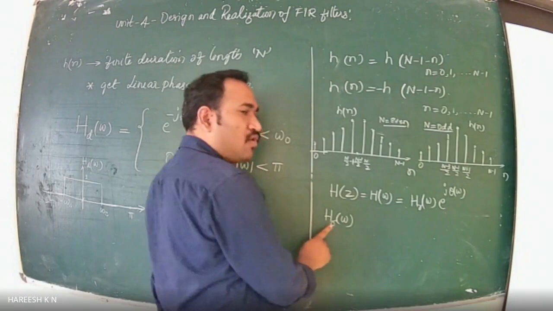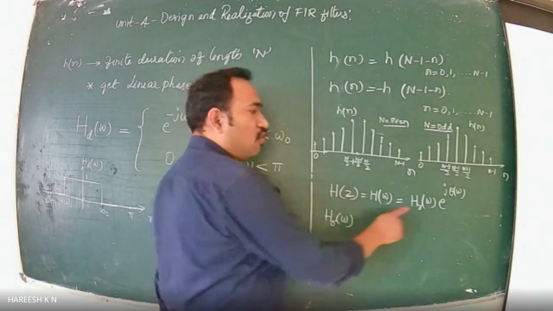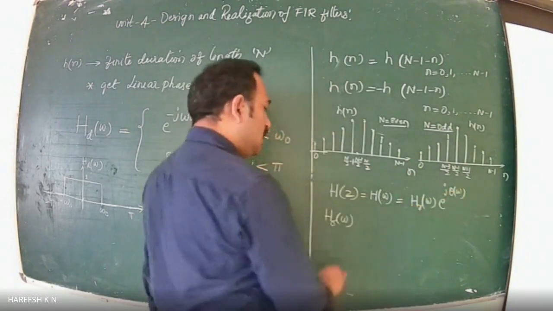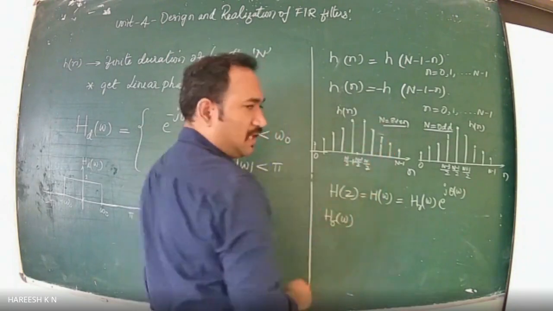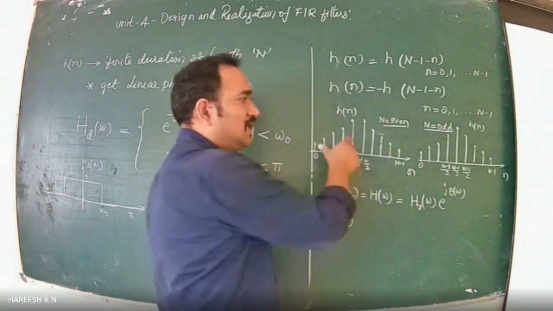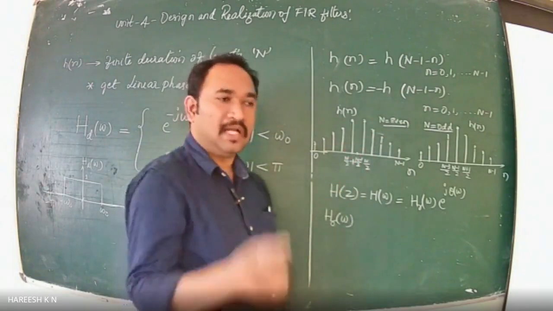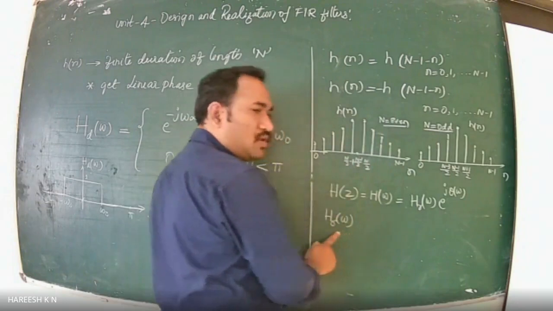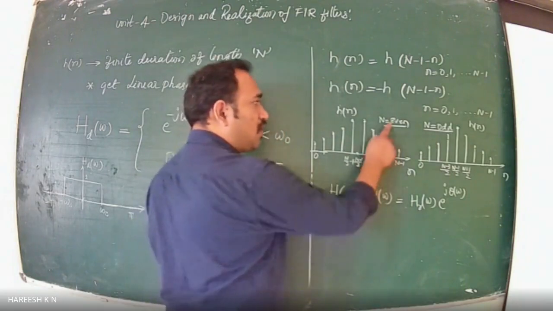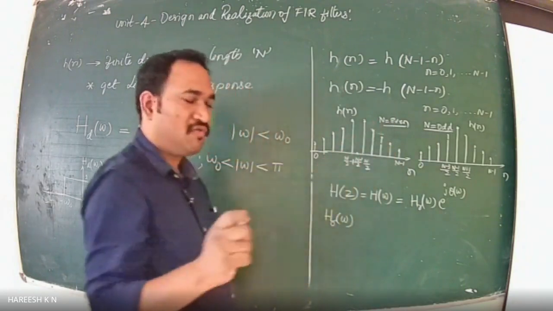Therefore, there are four H r of omega and four theta of omega, right? Now, H r of omega for n equal to even and symmetric. Now we are talking about the symmetric type of impulse response, and in that, let us try to see H r of omega for n equal to even. I hope you are following it, right?